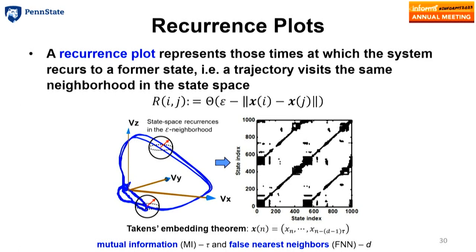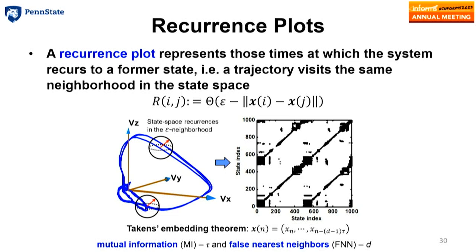And how do we get the trajectory? If you have multi-dimensional signals, you can use real-world signals. And if you have single-dimension signals, you can do the Takens embedding of the state space. So let's have a look at this recurrence plot. The x-axis is a state index. The y-axis is also a state index.